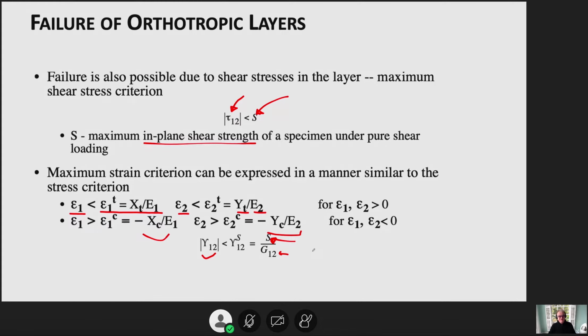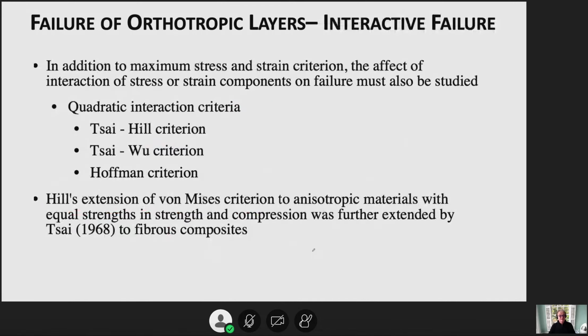What about interactive criteria, just like we did with Tresca? Well, we have interactive criteria, and also the quadratic failure criteria, and they're called Tsai-Hill, Tsai-Wu, and then there's Hoffman's criteria.